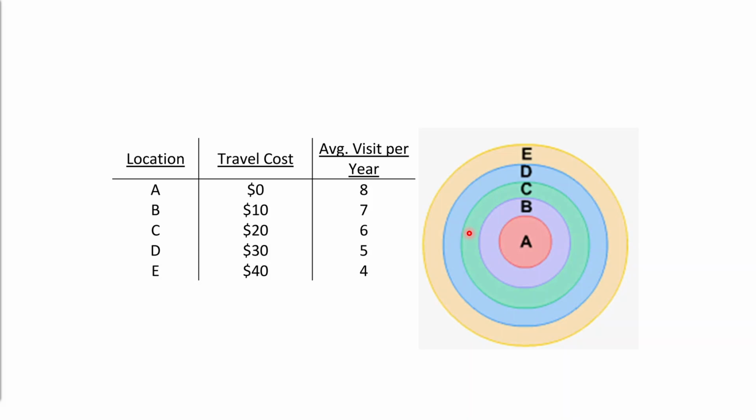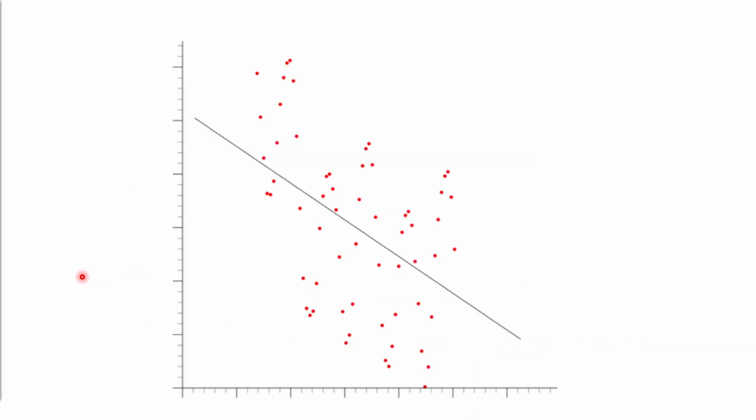They have different preferences. Therefore, they value these national parks differently than the people who live in E. Maybe people who live in E only visit on average 4 times a year, not because it costs a lot, but because they don't like nature, which is why they live in E. So we have to try to take these things into account.